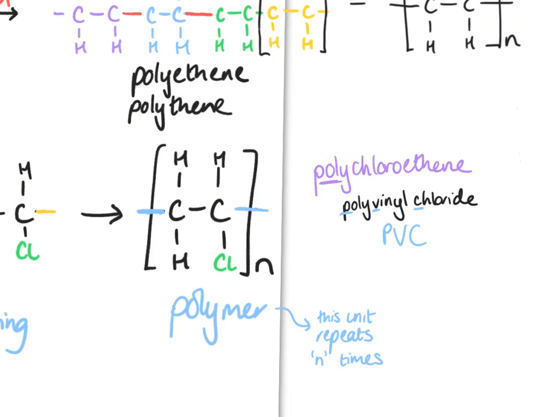So you may have heard of PVC, and that's actually what this molecule is. This molecule is PVC. So for this polymerization reaction, basically what you need to be able to do is to describe this process, describe how polyethylene can be formed from the ethene monomers, and how polychloroethene can be formed from chloroethene monomers. Describe that process and make sure you know what monomers are and what polymers are.